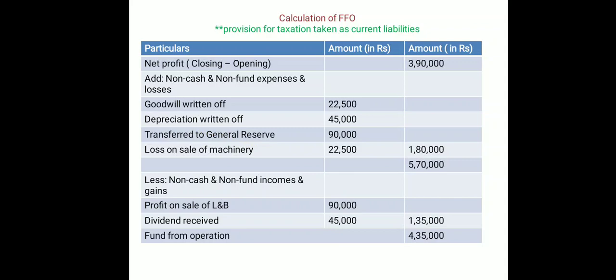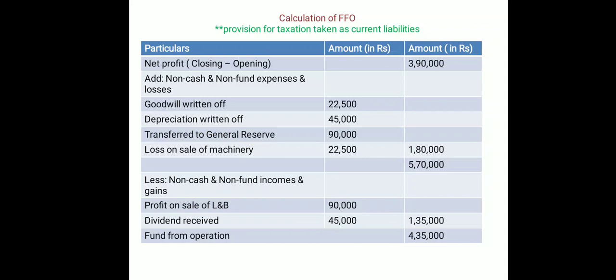Now in this we have to deduct non-cash and non-fund or non-operating incomes and gains. While discussing the question, I have discussed for you profit on sale of land and building, definitely a non-operating or non-fund income or gain. And dividend received, also non-fund or non-operating income.